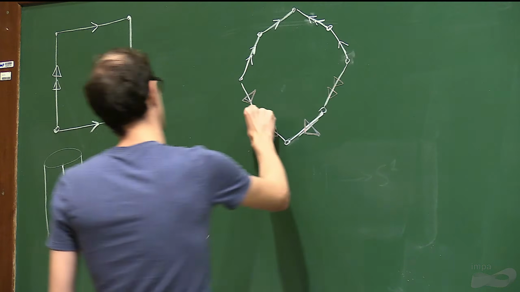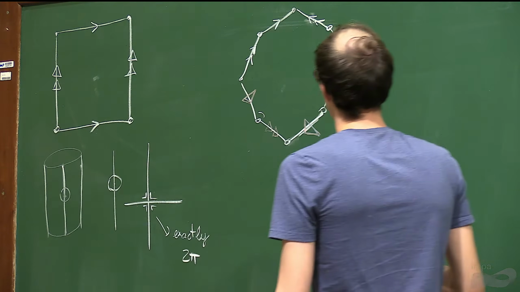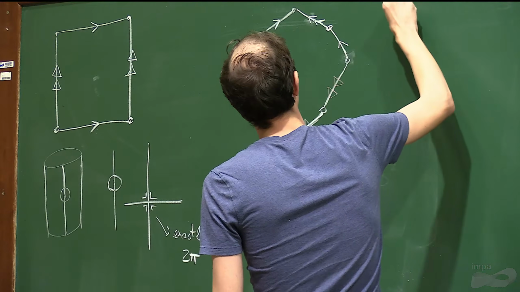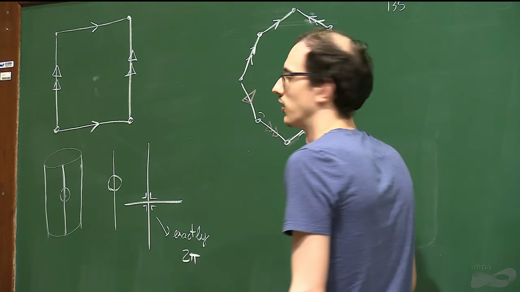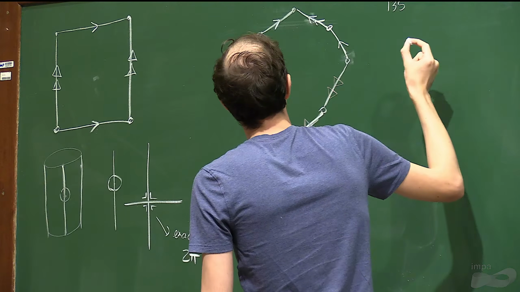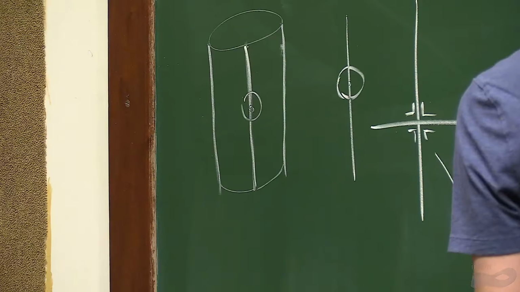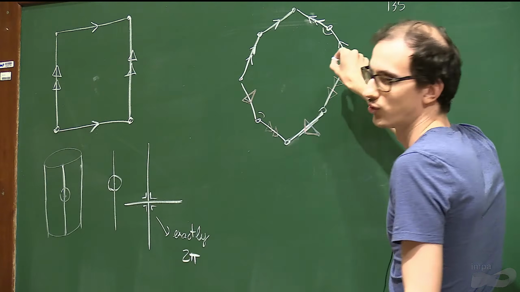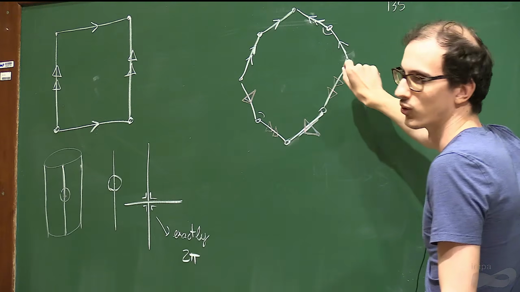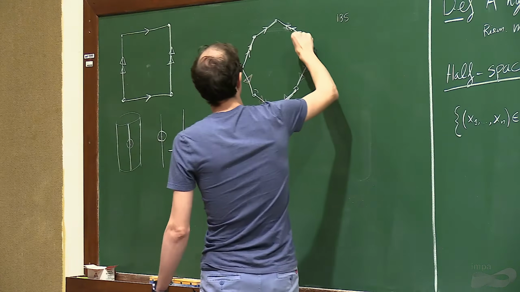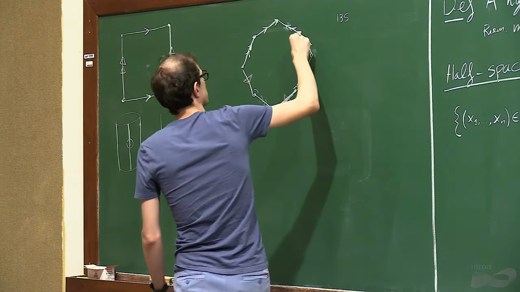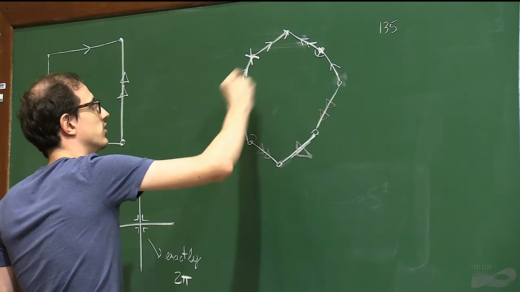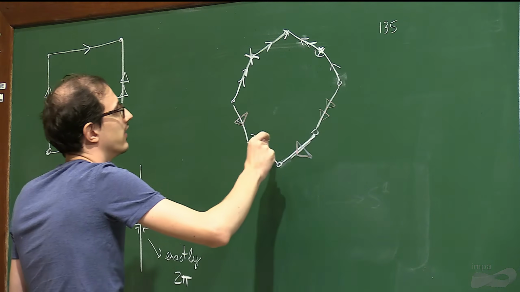Instead, here we get many. How much is it? Is it 135? I guess so. So we get these angles. If you follow through the vertices, they are all glued to the same vertex, because this one is the same as this one because of this edge, but it's also the same as this one because of this edge.